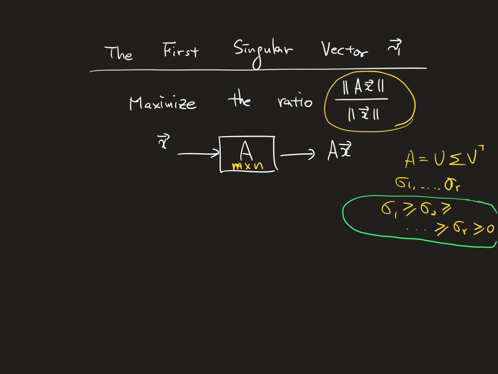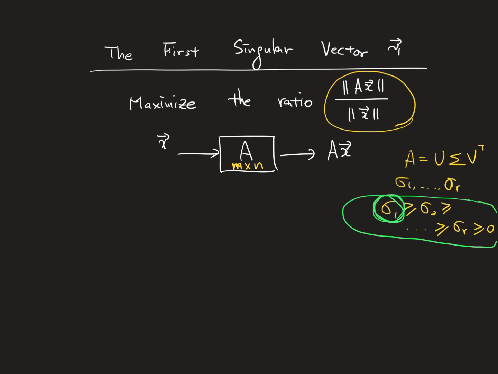So we can see that sigma 1 is kind of a maximum constant for stretching. You're stretching a vector by some kind of stretching factor, and I think the maximum stretching factor is sigma 1.